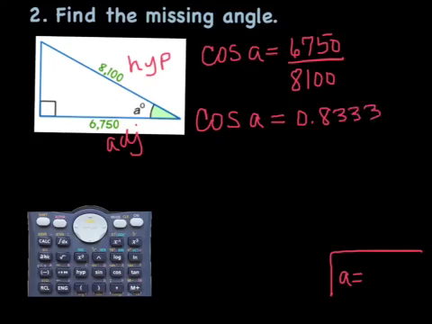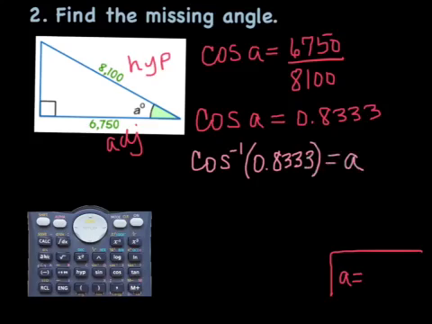It keeps going. I'll go ahead and write it out 4 places. Okay, next step, we use our calculator, and we're going to be finding inverse cosine of 0.8333, and that's going to give me angle A.